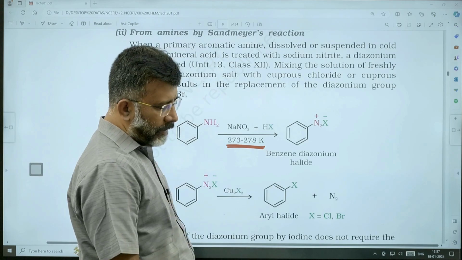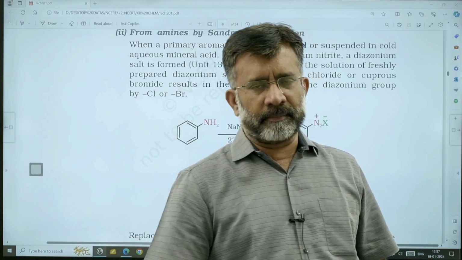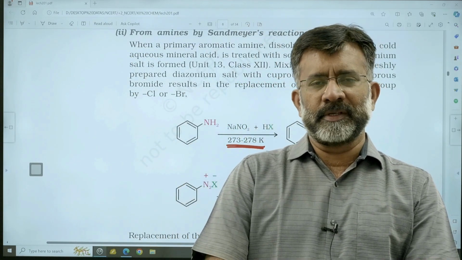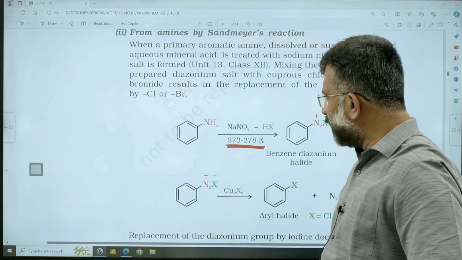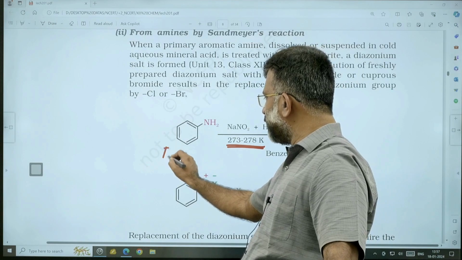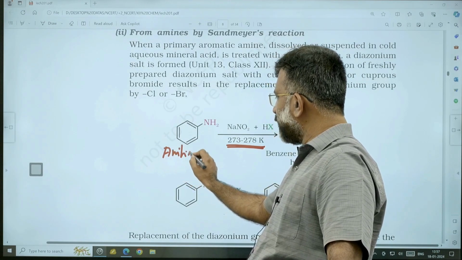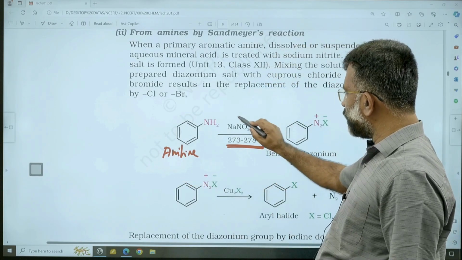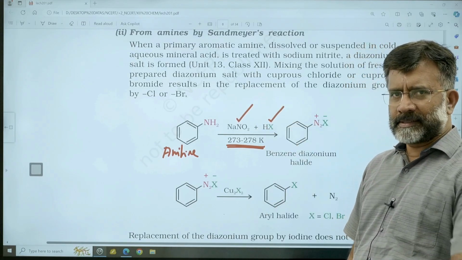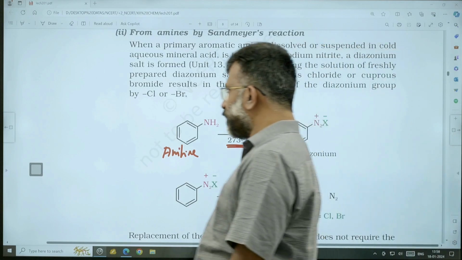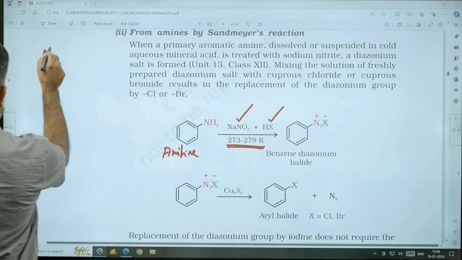The temperature needs to be pretty low, 0 to 5 degrees Celsius, where aniline, this is aminobenzene, is treated with sodium nitrite and HCl, or any such mineral acid.